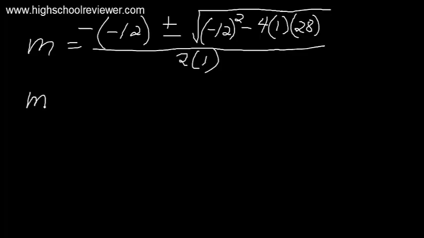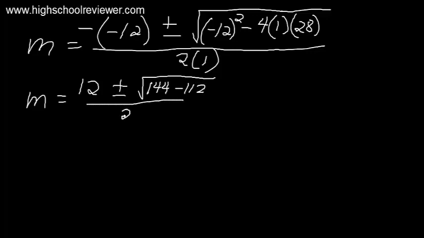So our m will be negative times negative. This will give us positive 12 plus minus the square root of, okay, negative 12 raised to the power of 2. That will give us 144. Okay, so this will give us positive 144 minus 4 multiplied by 1 multiplied by 28. This will be minus 112 all over 2.